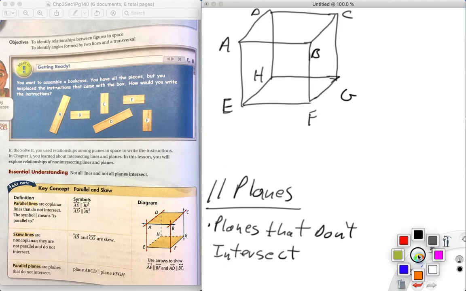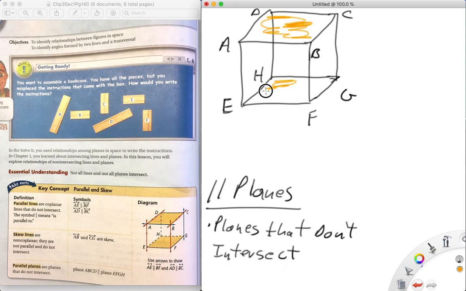In this case, we can have plane ABC and plane HGF. This guy is on top, this guy is on the bottom. They're never going to intersect. They're parallel planes.